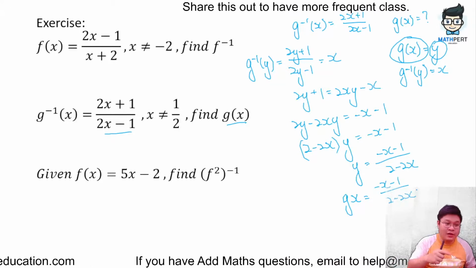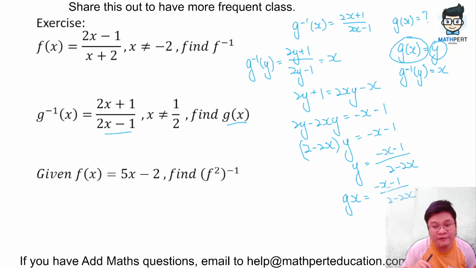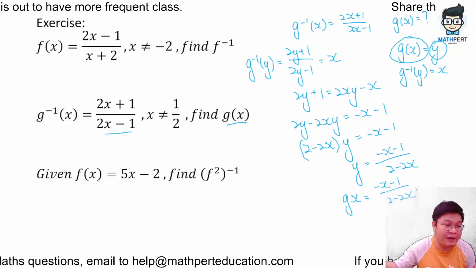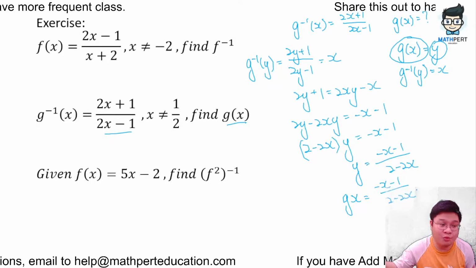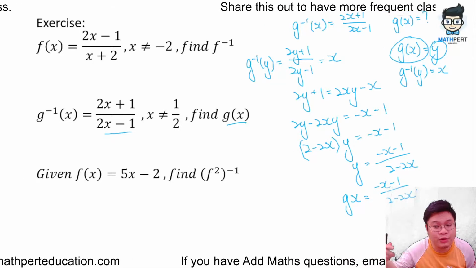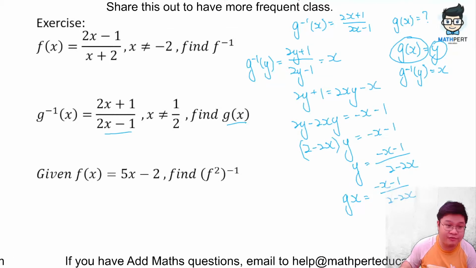Now let's continue with fx, the last question. fx equals this, and we need to find f square inverse. f square means ff. So first, we need to find ff.